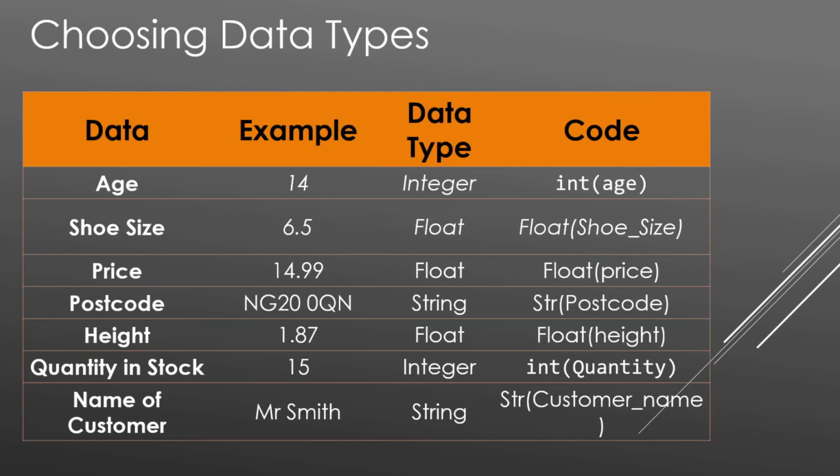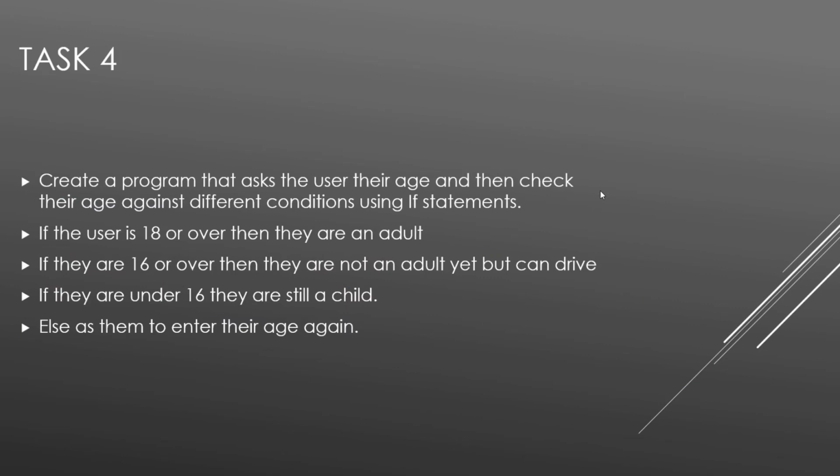If I hop back over to this table, well, we know that anyone over the age of 3 isn't going to say 12.5, so we can safely assume that that will be a whole number. So think about which data type you're going to have to assign to the input of age, and then we're going to check the user's age against some different conditions using if statements.